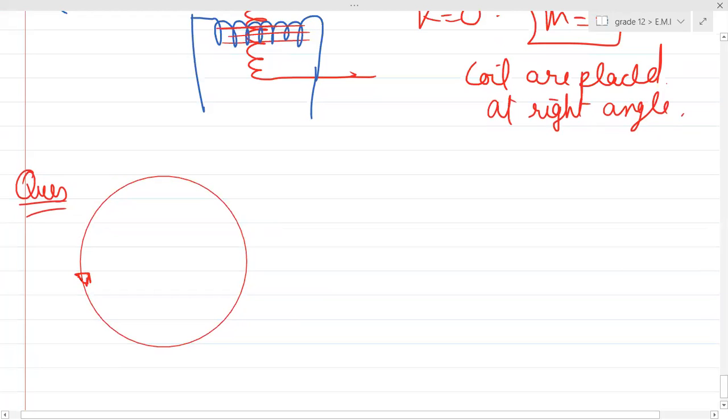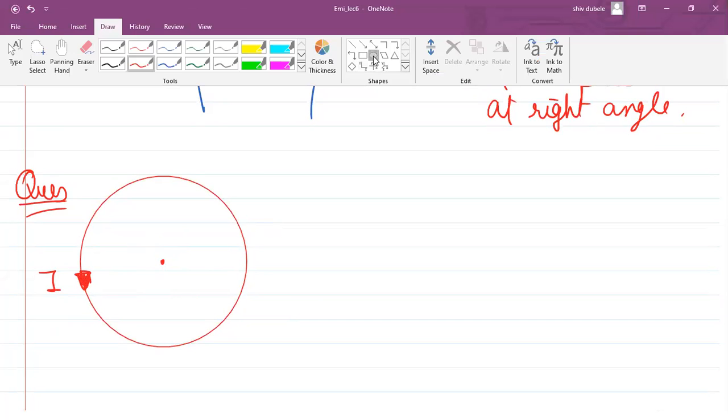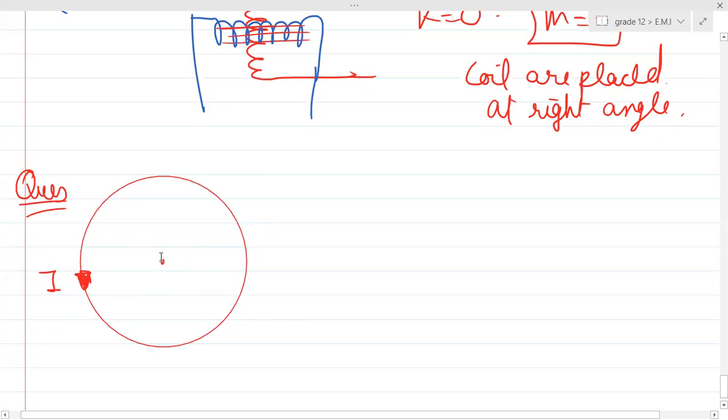Circular loop, and let's say the current flowing in this is capital I. Concentric to this is a small coil.